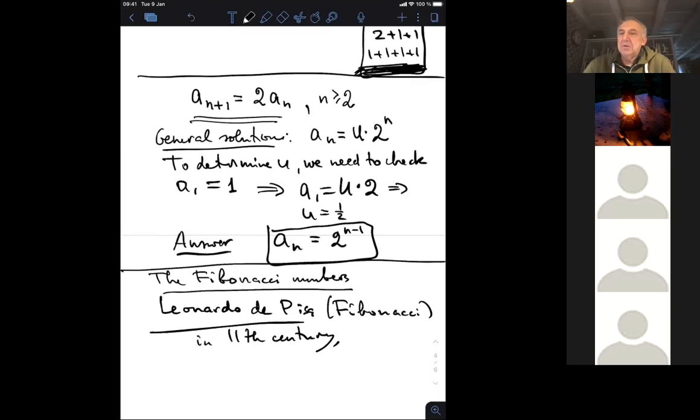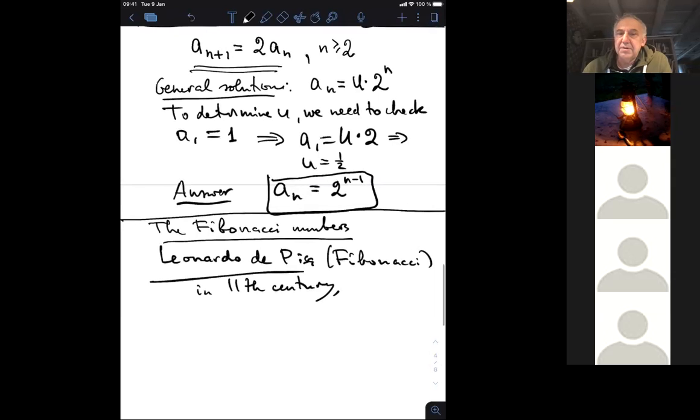In Europe, mainly the Roman system was still used, which is not a positional system, and it makes it very complicated to do simple operations; especially multiplication using Roman numbers is a nightmare. So he was the one who actually wrote the first book explaining how to use the Arabic Indian system, decimal system, and so on.